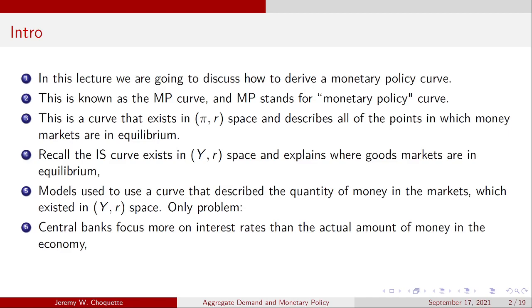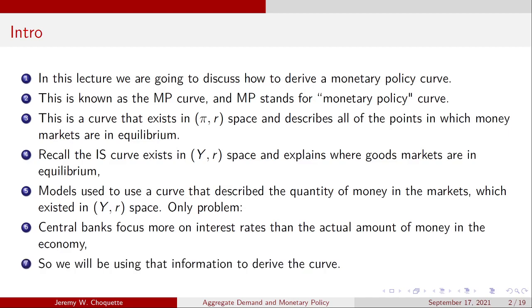So the problem here is central banks focus more on interest rates now than they do on the actual amount of money floating around in the economy, right? They play with the amount of money floating in the economy, but it's because they're interested, no pun intended, in interest rates. They're trying to set interest rates. They're not necessarily directly concerned with the quantity of money.